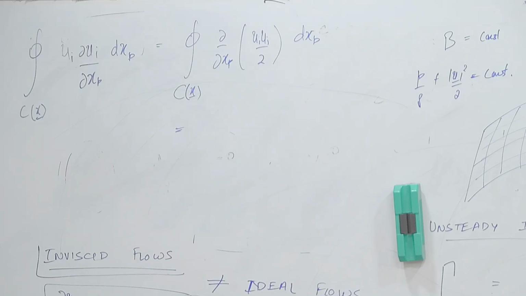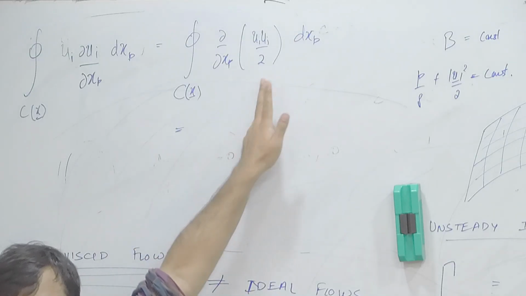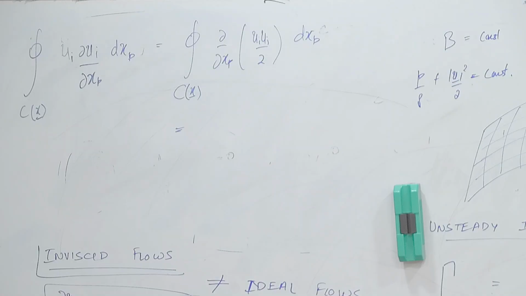What is this integration along a closed curve? It's a complete derivative, so this will be the final minus initial points, which are the same. So this is 0.